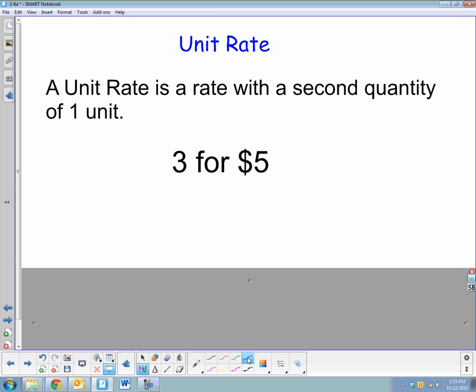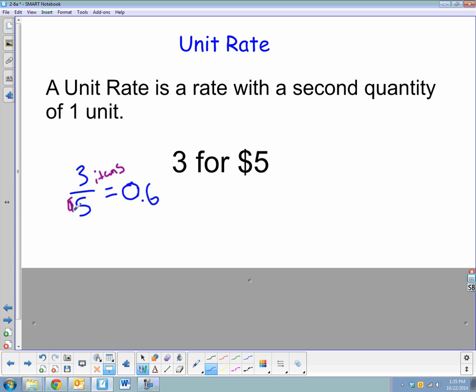Now, be careful. 3 for $5. If I set this up as 3 divided by 5, I'm going to get 0.6. However, that's not really what I want. This is 3 items for $5.